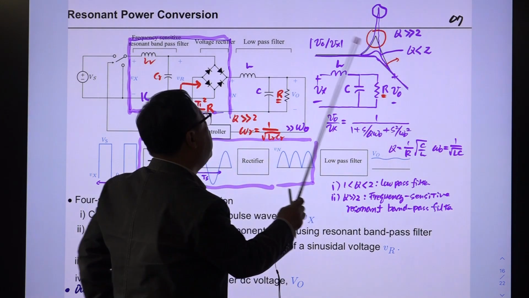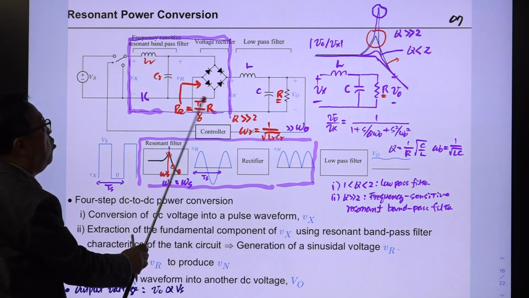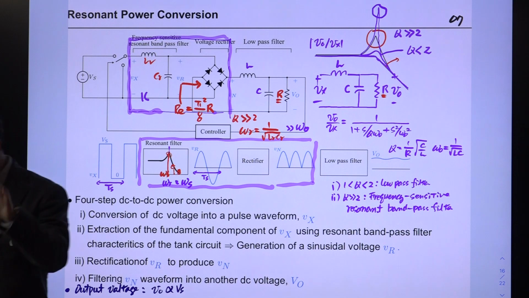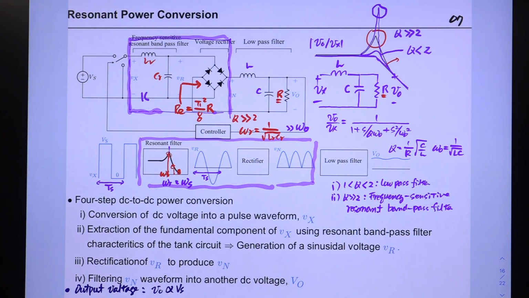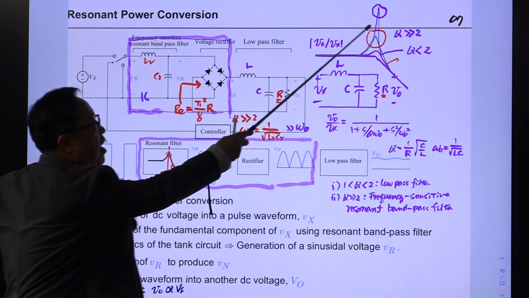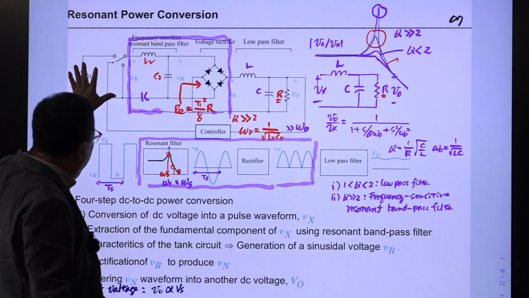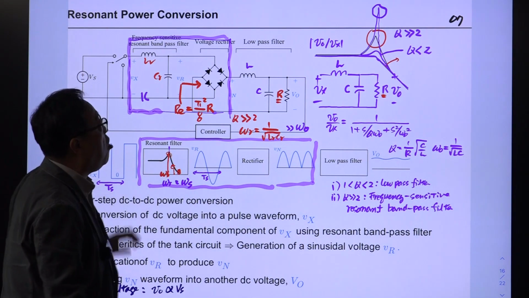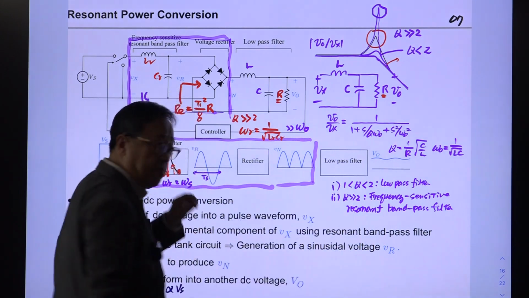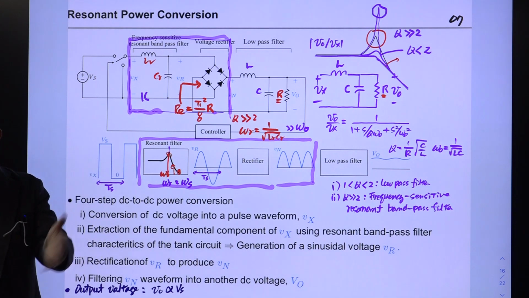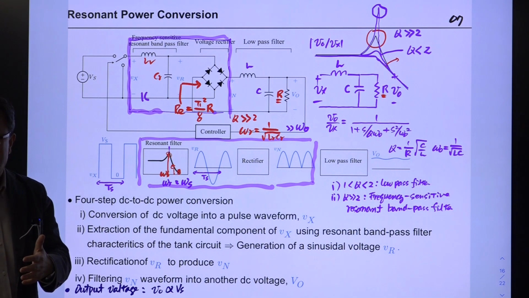Then in this part, in this low pass filter, the Q is very large, typically larger than 10 or 20. Then we have a very sharp peak at the resonant frequency, and we are making use of this. So if the spectrum of harmonics of this waveform comes into this part, that component will be magnified. All the other components will be attenuated a lot.